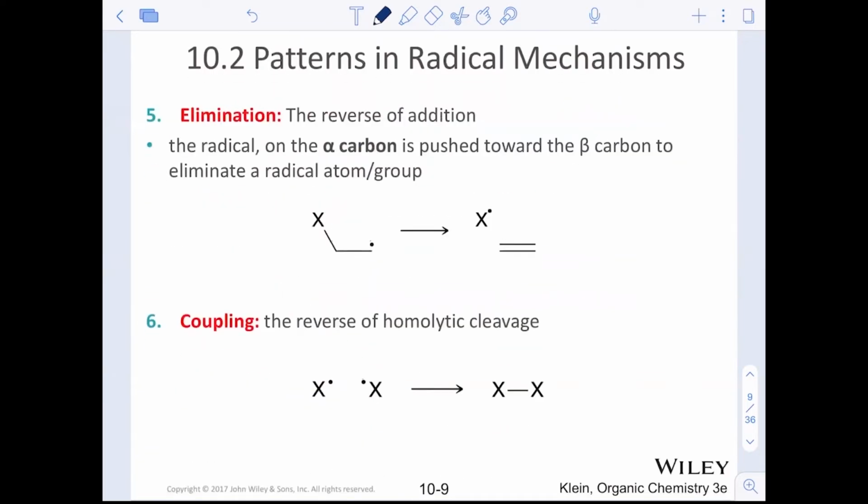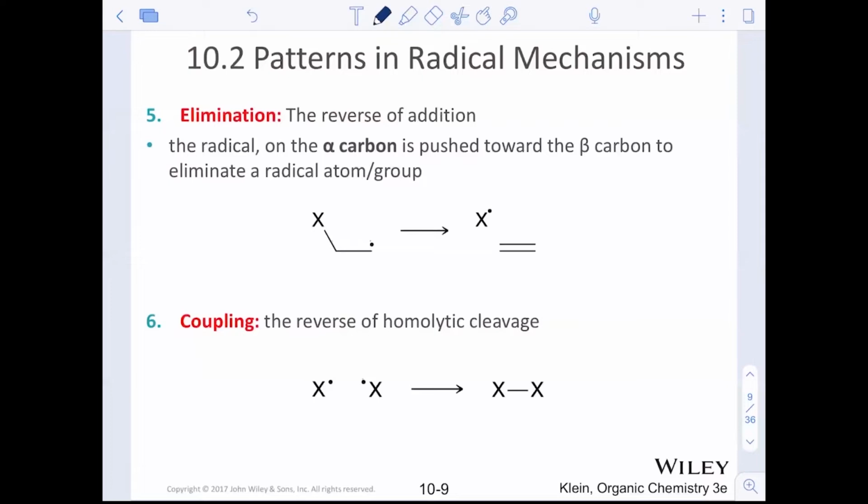Just a few more. Elimination is the reverse of addition, which was our second pattern in the previous slide. Elimination is still creating a pi bond. Just like in addition we react a pi bond, elimination is still making a pi bond. However, we're doing it homolytically now.